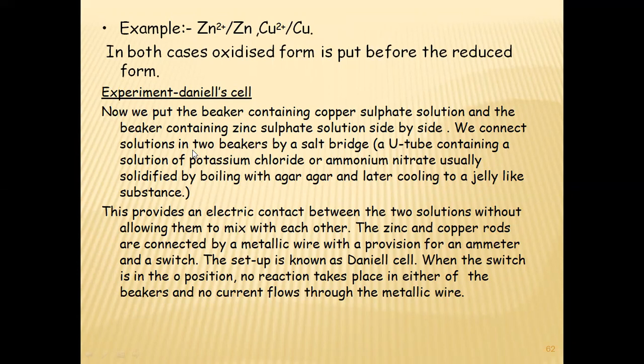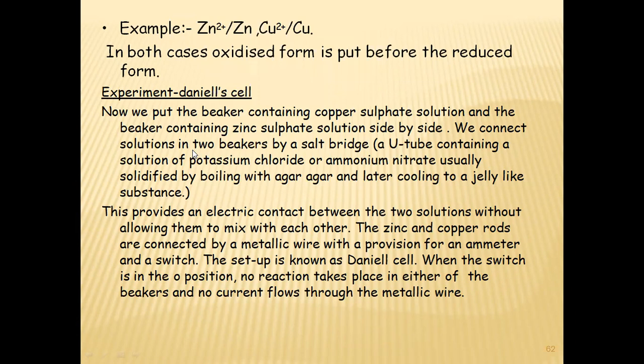When the switch is in the O position, no reaction will take place in either of the beakers. No current will pass through the metallic wire. Means agar aapka switch off hai, if you have the switch in O position, generally we see on some small switches which we use in these types of circuits, O and a dash sign, O or 1 sign.